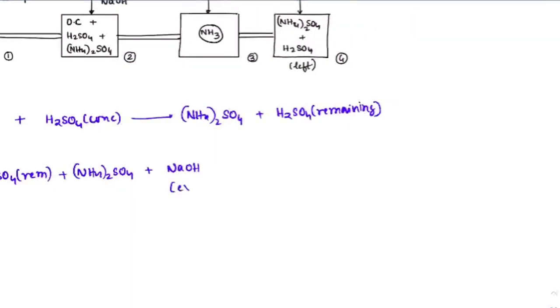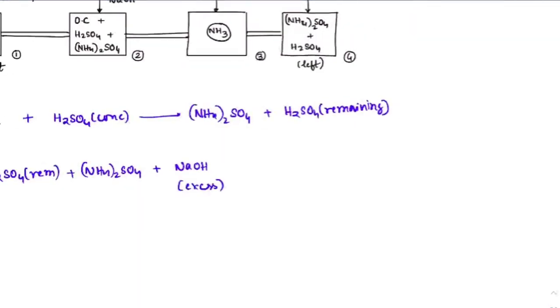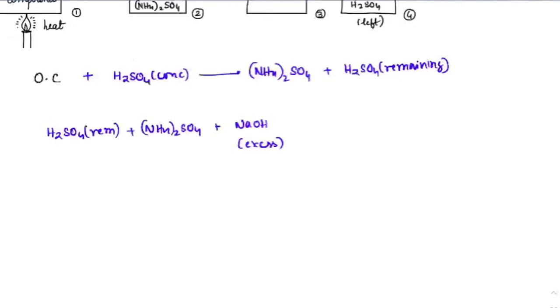This NaOH was added in excess, right? On adding that excess, ammonia gets separated as a gas, Na2SO4 will settle down, and H2O will be present. Now this ammonia was separated into a new chamber. There we have added H2SO4, which could be dilute or concentrated, it doesn't matter.